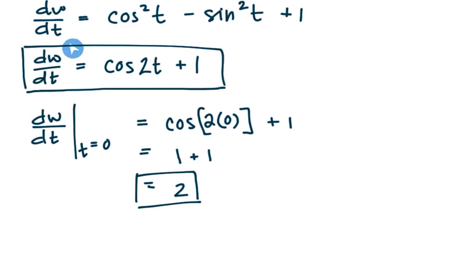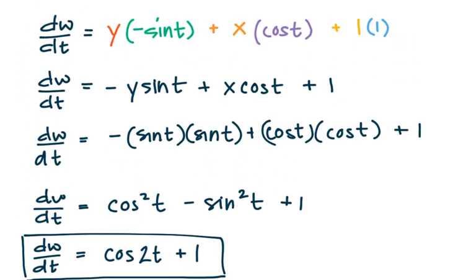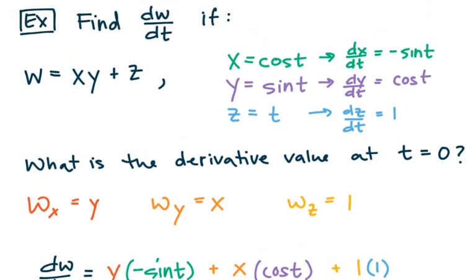And this function here represents the derivative, or that rate of change, and we can calculate it at any time t. So a physical interpretation might be that this w function we started with represents temperature, the temperature at each point in space x, y, z on some curve with these parametric equations.